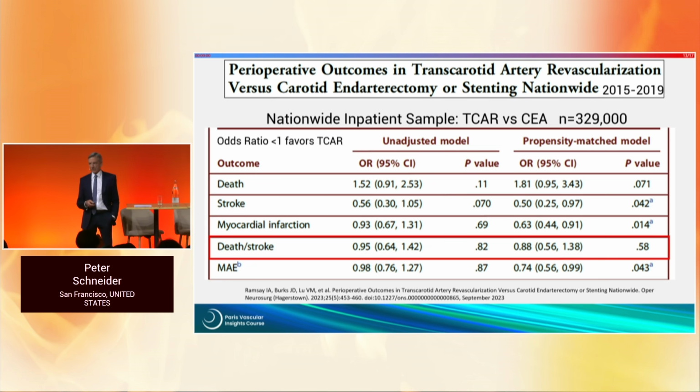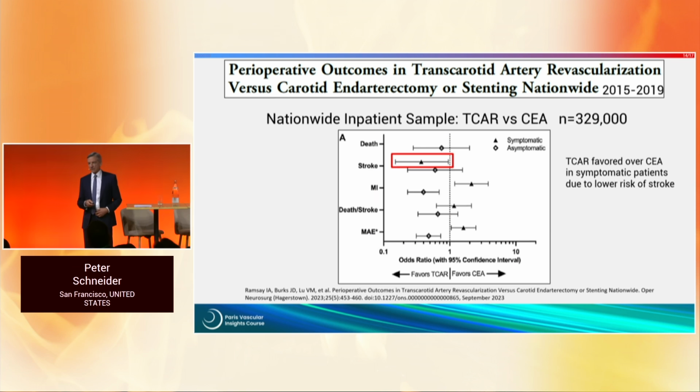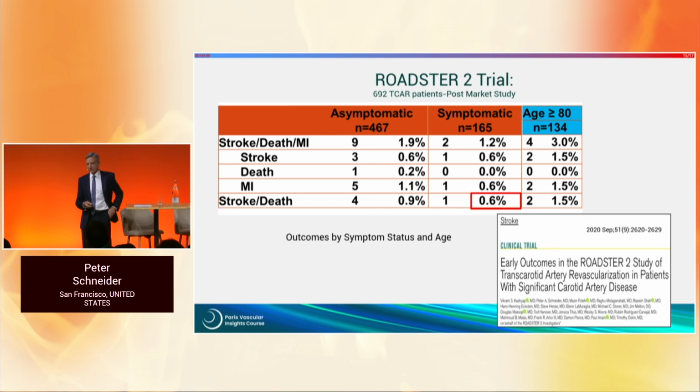This is a nationwide inpatient sample, TCAR versus CEA, 329,000 patients. Looking at stroke and death, both in unadjusted and propensity models, you can see really no difference in these symptomatic patients between CEA and TCAR. But when you divide it down into the symptomatic and asymptomatic, you actually see a benefit toward TCAR in the recently symptomatic.